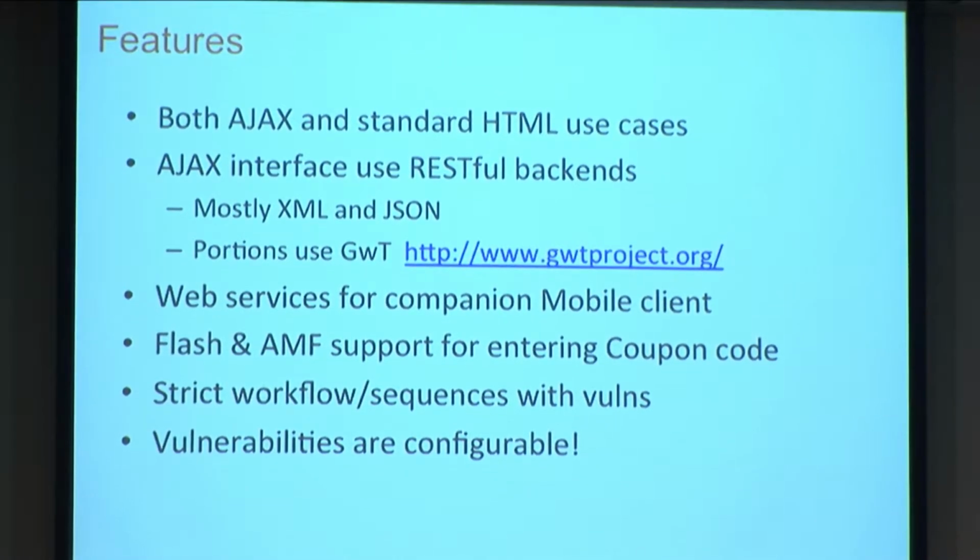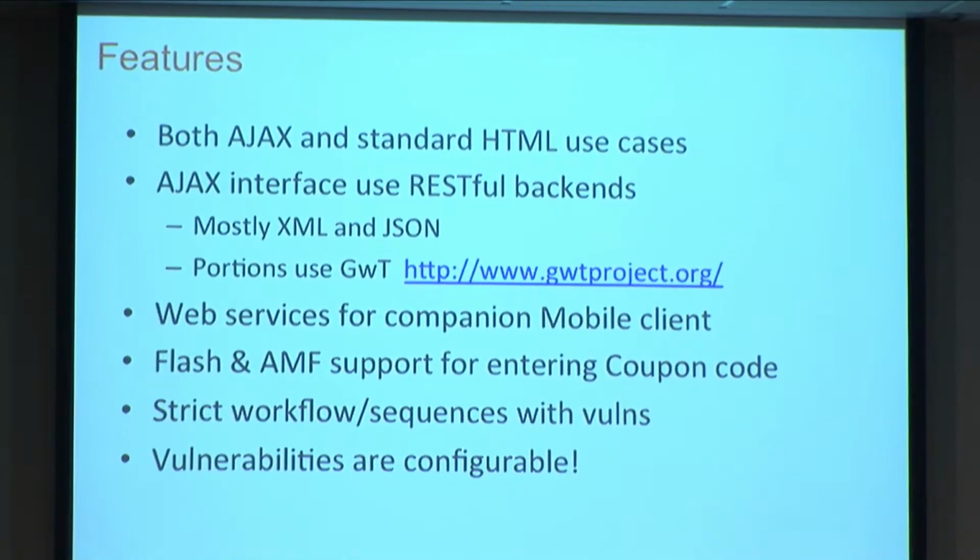Pieces of it are using jQuery, some of it's using Google Web Toolkit. We actually have Flash and AMF going on there, where you enter your coupon code. It's actually a little Flash applet that runs. You enter your coupon code, and of course that's using AMF, and you can start stealing coupon codes through that. It also has strict workflows and sequences, which I'm going to talk about here.